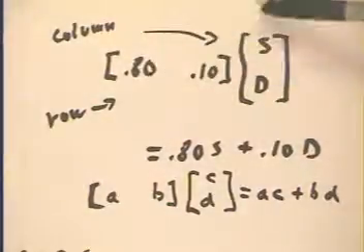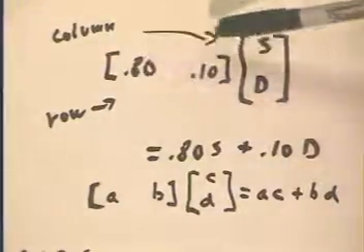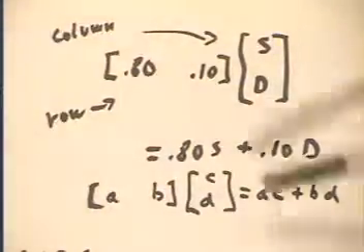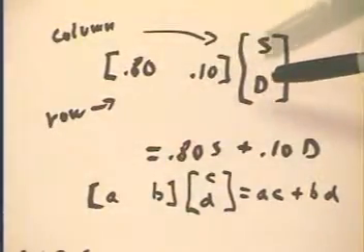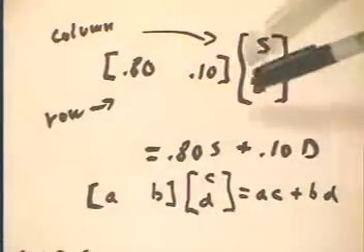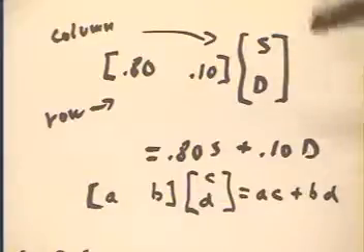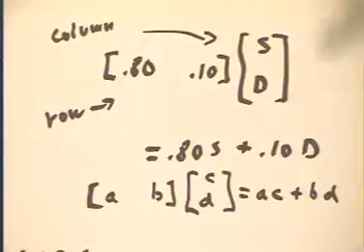If the row and the column have the same length, then we can multiply them, in the sense that we multiply the first number in the row by the first number in the column, and the second number in the row times the second number in the column. And if there are third and fourth and fifth and sixth numbers, we do the same thing with those. Third number of the row times the third number of the column, fourth number of the row times the fourth number of the column, and so on.